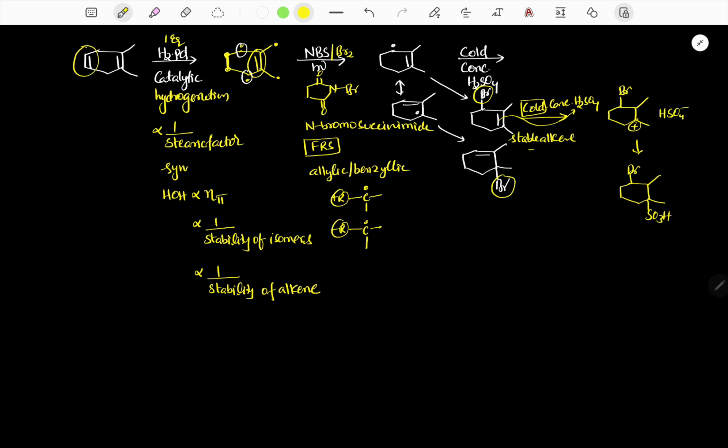Simply electrophilic addition. This overall reaction is electrophilic addition. So we have to consider the sulfur as a nucleophile in the cold condition only.